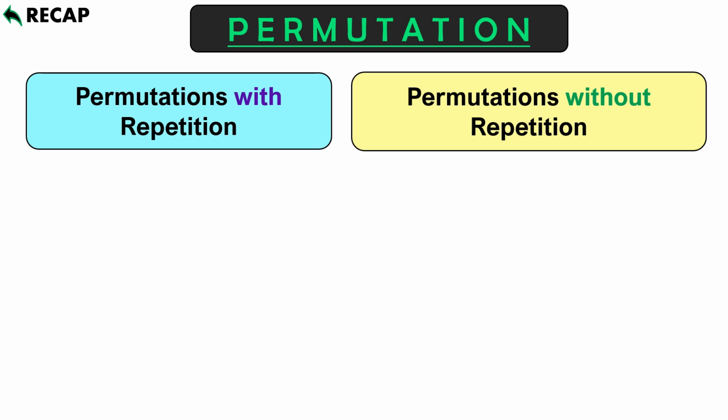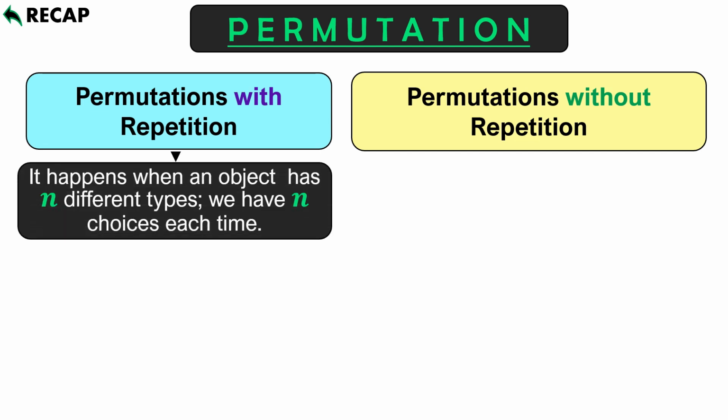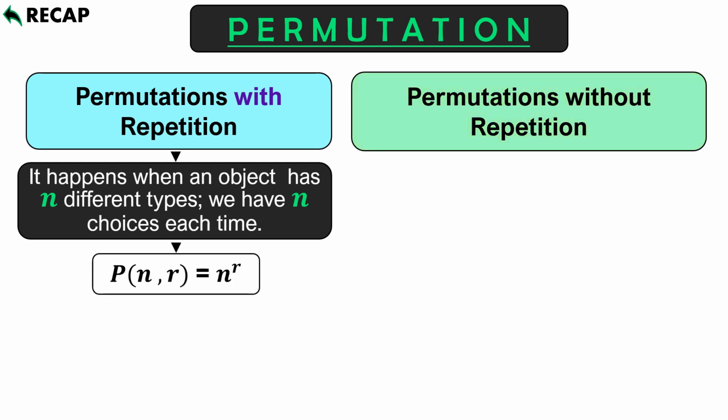So permutation with repetition happens when an object has n different types. We have n choices each time. The formula for this is n raised to r, where r is the number of times the choices repeat. Ano naman ang permutation without repetition?